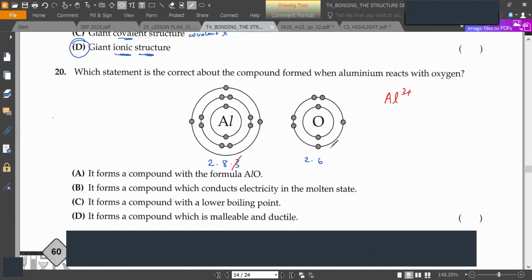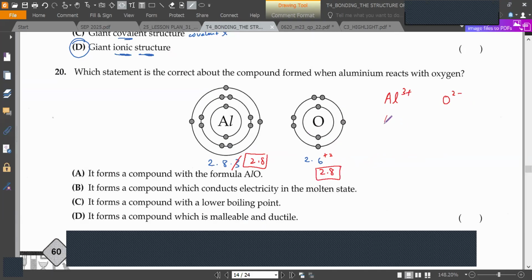Oxygen will accept 2 electrons to form oxygen 2 negative, to get the full shell. Now both of them have a full shell.